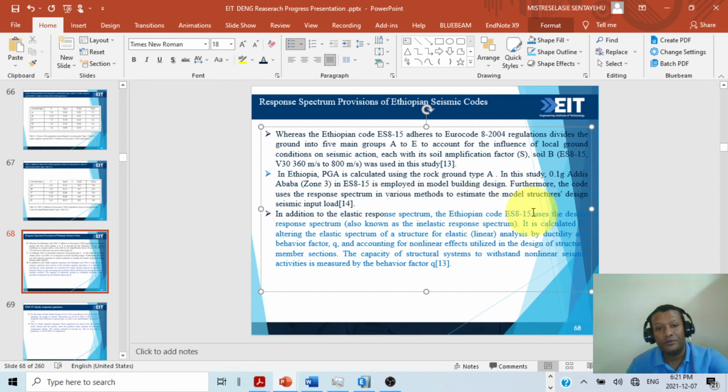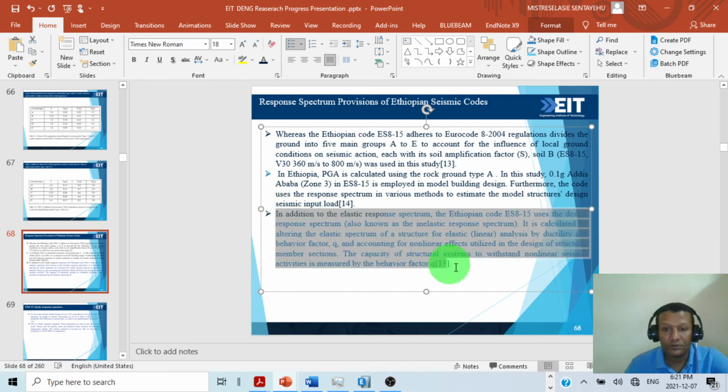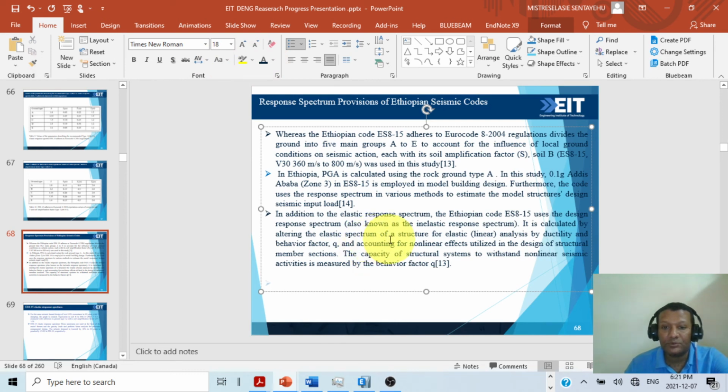Furthermore, the code uses the response spectrum in various methods to estimate the model structural design seismic input loads. This is also what I have showed you now. In addition to the elastic response spectrum, the Ethiopian code uses the design response spectrum, also known as inelastic response spectrum. It is calculated by altering the elastic spectrum of a structure for elastic analysis by ductility and behavioral factor q, and accounting for nonlinear effects utilized in the design of structural member sections.